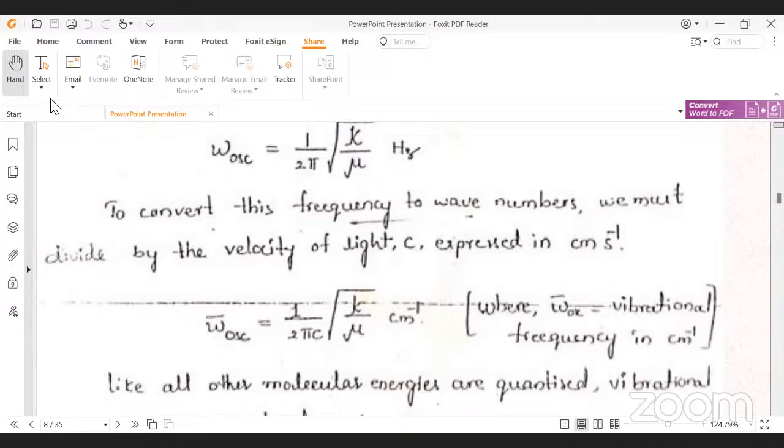The above equation is in hertz, while here it is in centimeters, because we are dividing by c. ω bar oscillation is equal to 1 by 2π c root of k by μ, where k is the force constant, μ is the reduced mass, c is the velocity of light, and π is a constant.